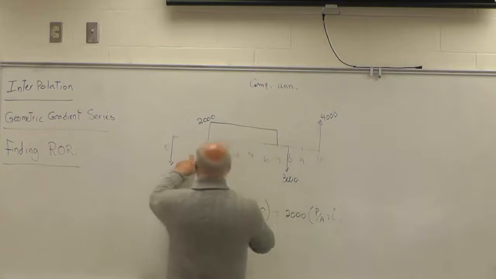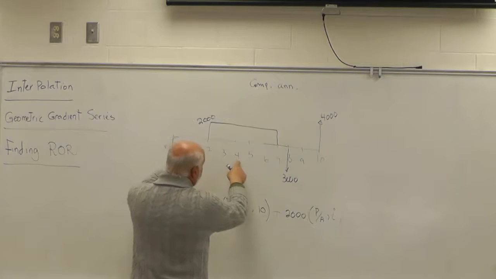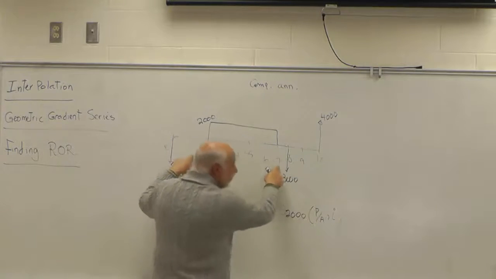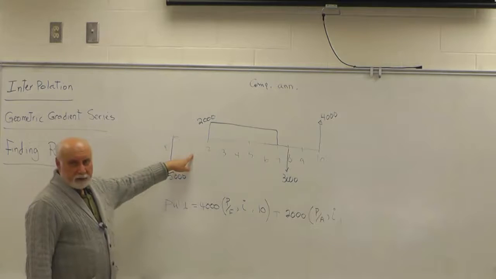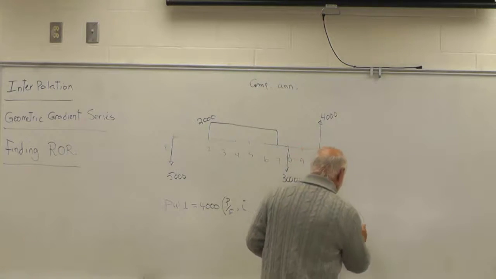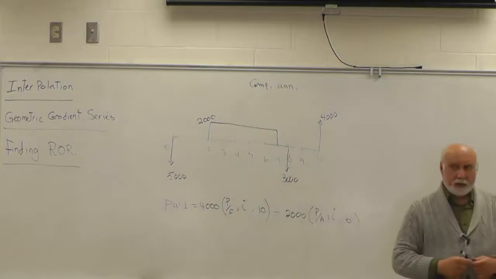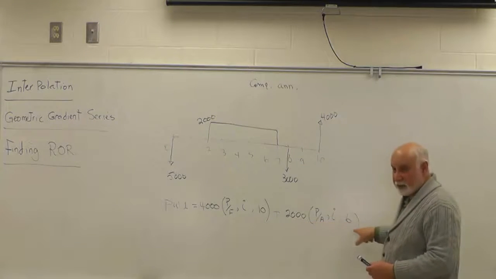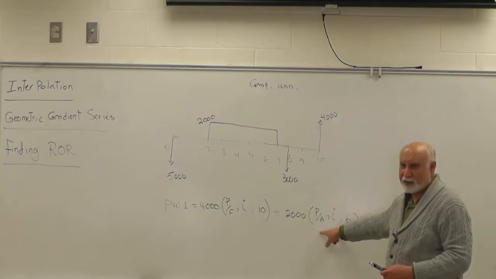This is 0, 1, 2, 3, 4, 5, 6. The period is 6. Okay? This is not still in present worth. Where is it located?